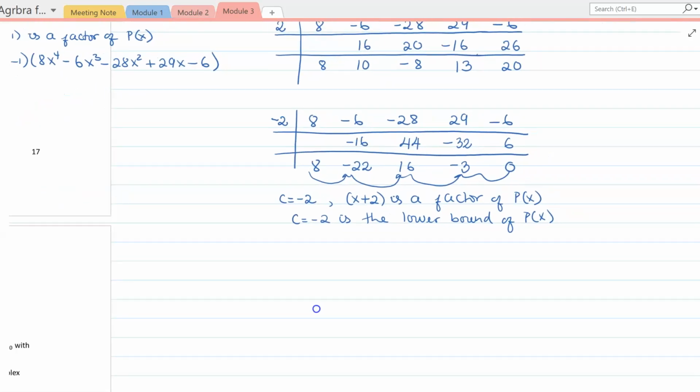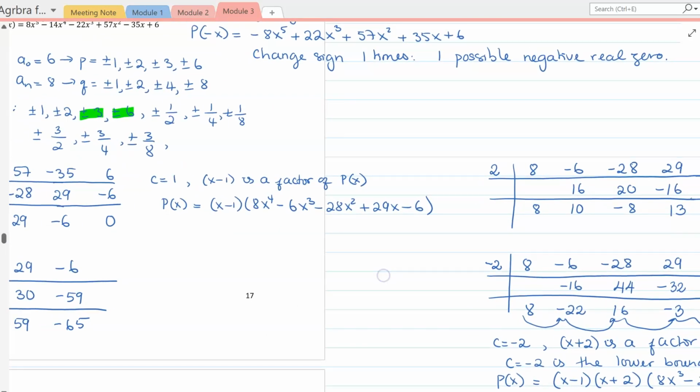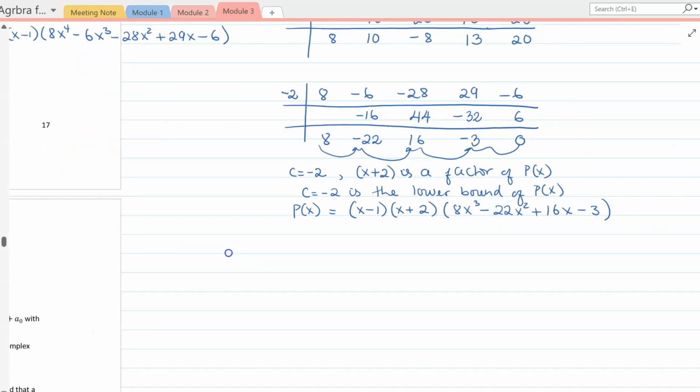Okay, back to our problem. I can write p of x now as x minus 1 times x plus 2 times 8x to the third minus 22x squared plus 16x minus 3. Since I don't have to check plus or minus 3, plus or minus 6, let's check the rest of the numbers. What I'll check next is 3/4.